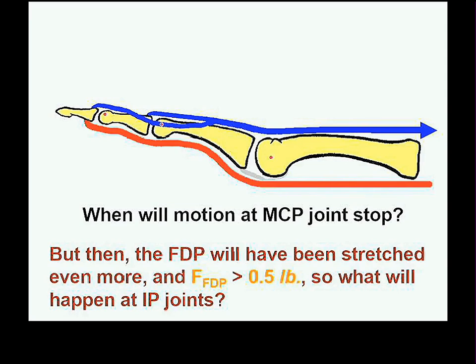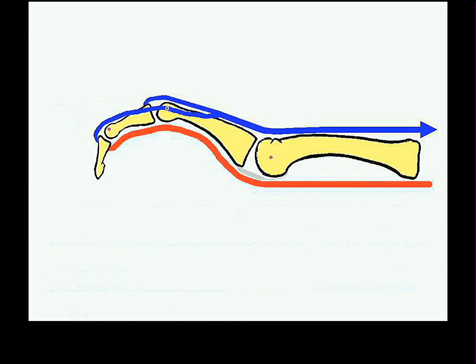And then that will throw the interphalangeal joints out of whack, and you get this position. And this is the position that most people's fingers, all of you who can get hyperextension out of the MCP joint, will go into if you try to extend it using extensor digitorum communis, or the other two.